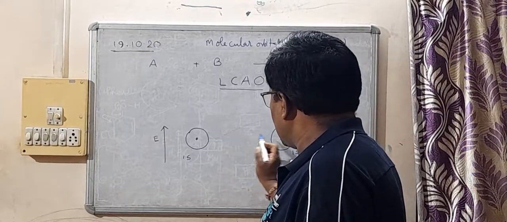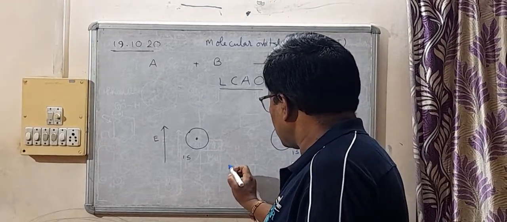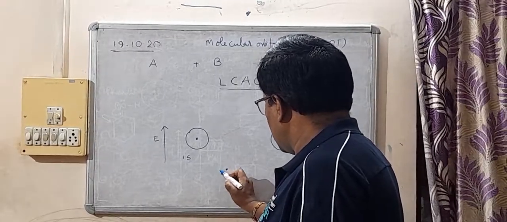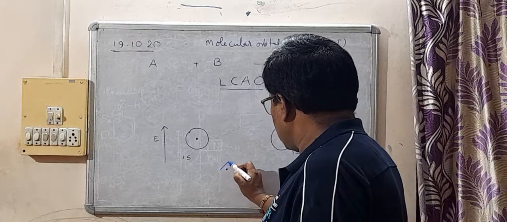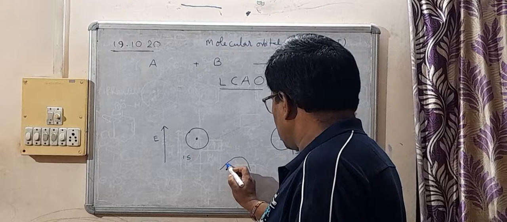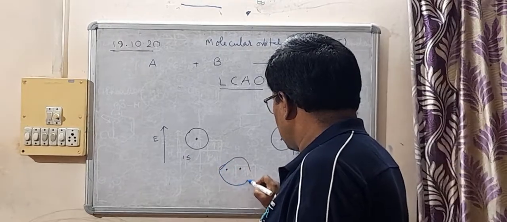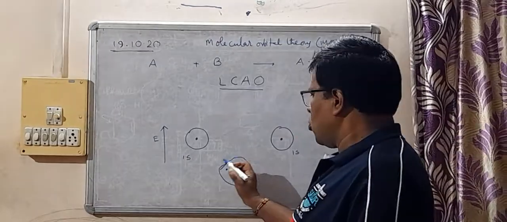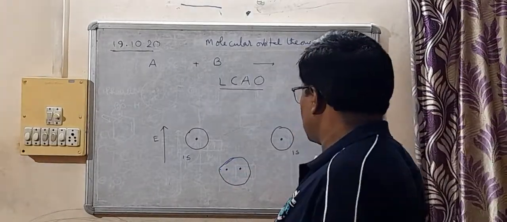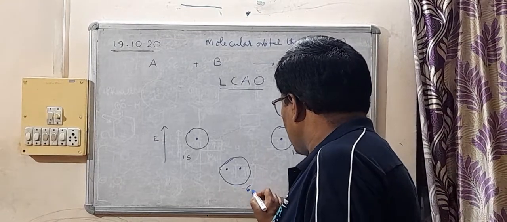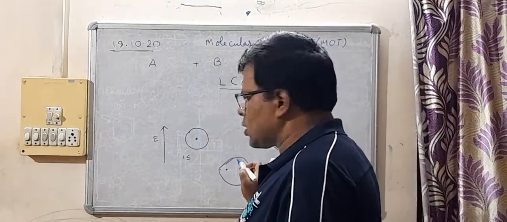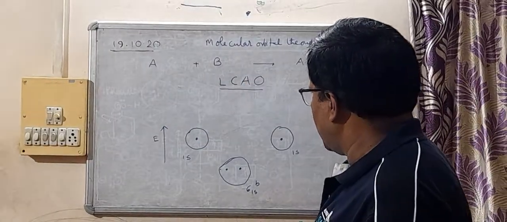And when they combine, they form a molecular orbital which is called sigma 1s bonding. Now this has resulted by addition overlap.